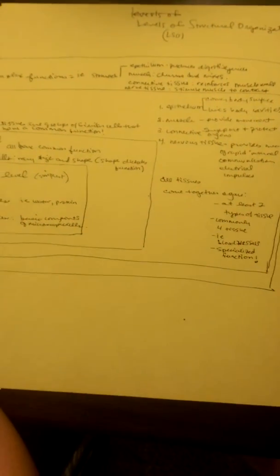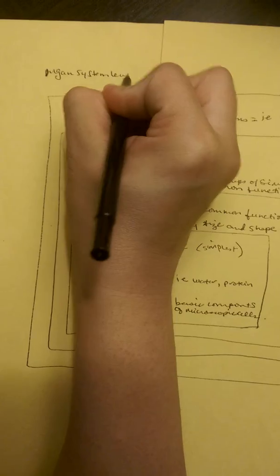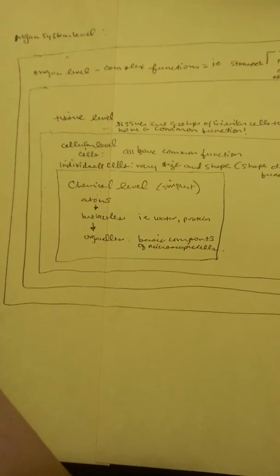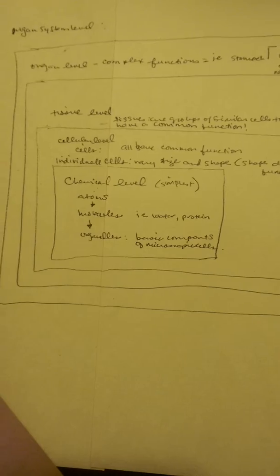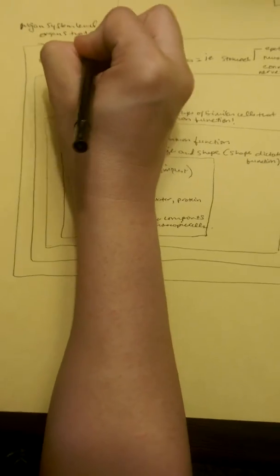Now we're at the organ system level. So at the organ system level, organs that work together to accomplish a common purpose make up an organ system.